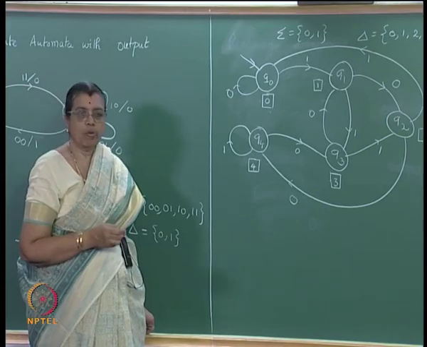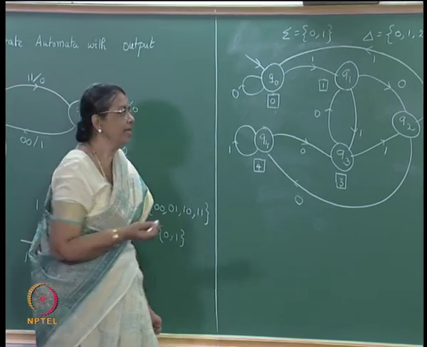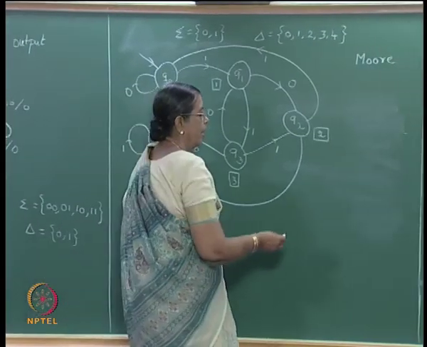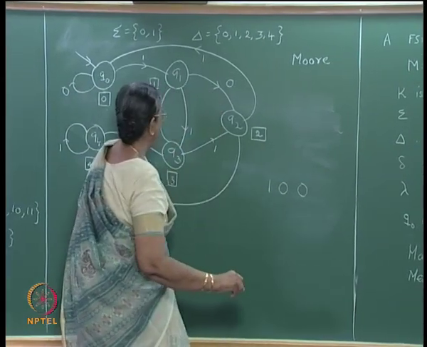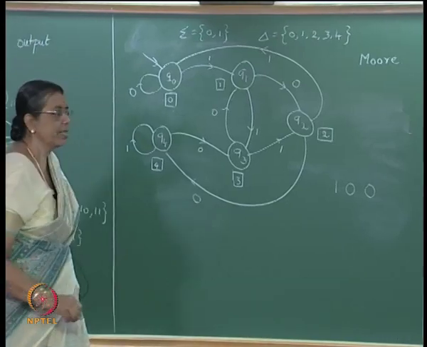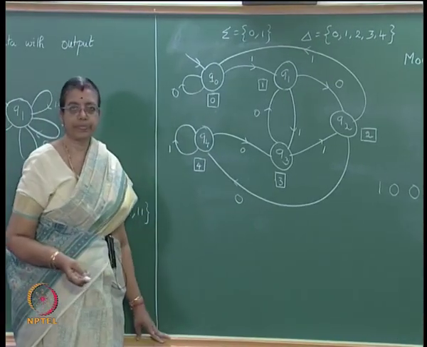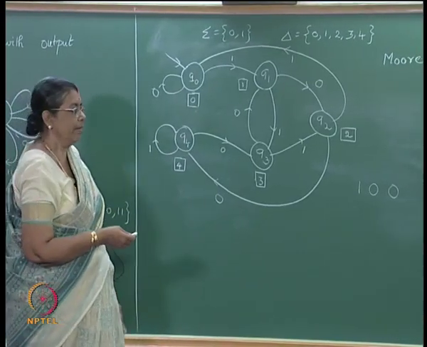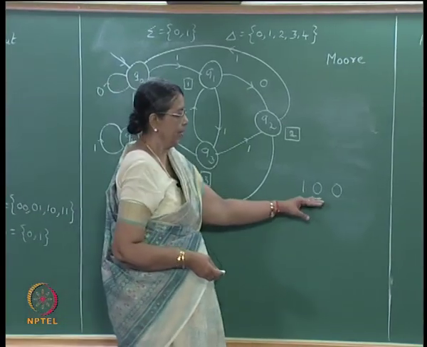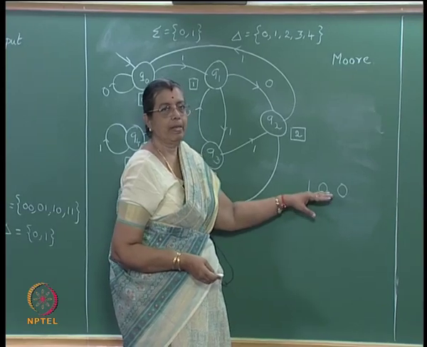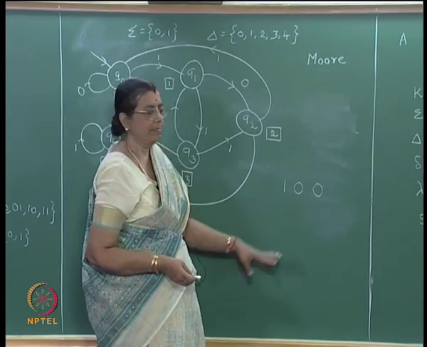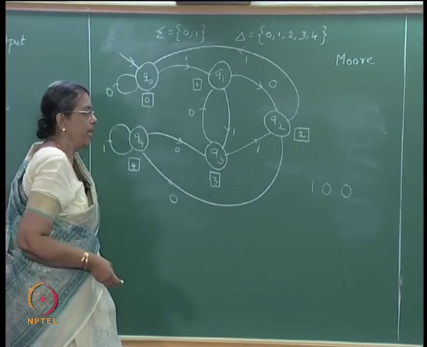Now, what does the output signify? You just take some string and check. I will take 1, 0, 0. What number does this binary representation represent? That is 4, right?